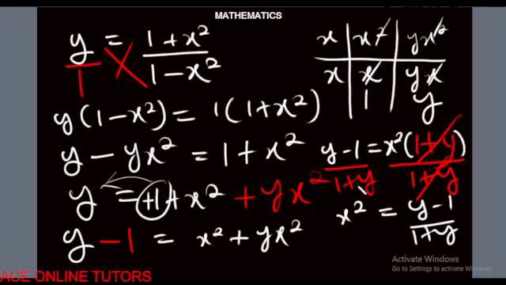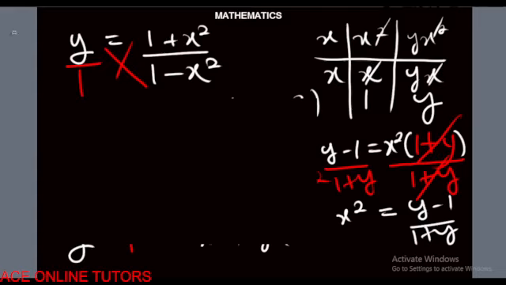Don't forget that we are writing this side first because it's the one that contains what you are looking for. That's the side that you always try to write before writing the other side. So what's going to happen? We're having x squared equals y minus 1 over 1 plus y.